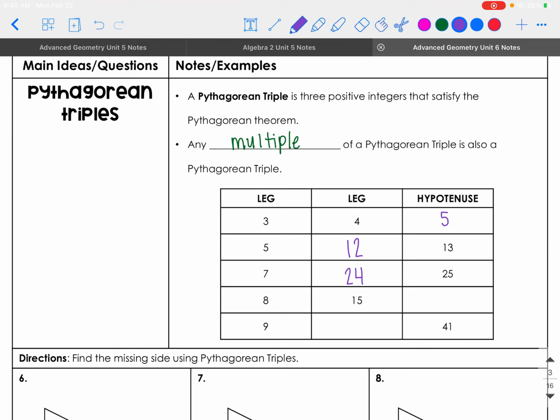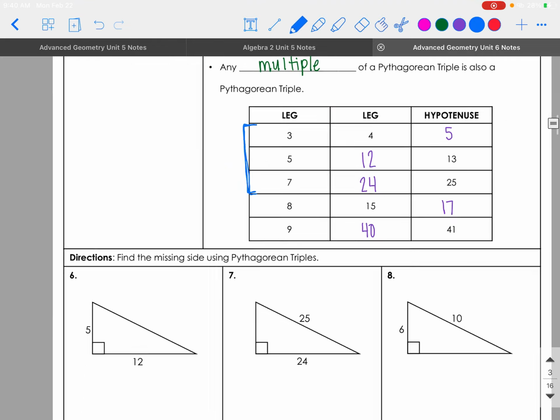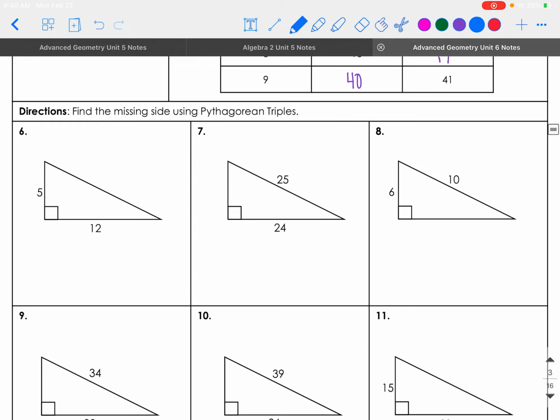Then we have 8, 15, 17, and 9, 40, 41. All of these 5 are really good to know. These first 3 you really should memorize. 3, 4, 5, and 5, 12, 13. Just memorize, memorize, memorize. So let's try some Pythagorean theorem questions, but without using the Pythagorean theorem.